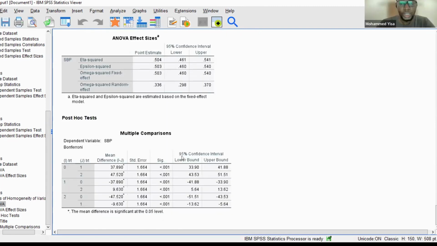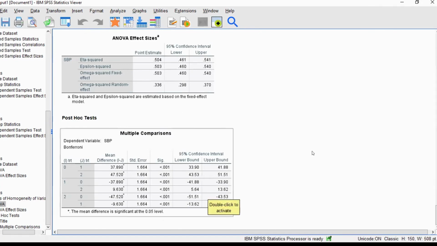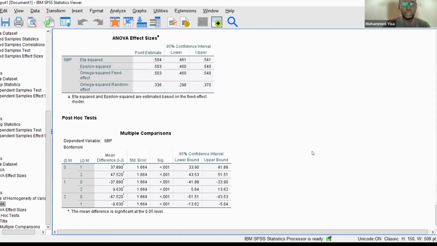So I'm saying that for any test you are doing, whether it's a one sample T-test, paired sample T-test, two independent sample T-test, ANOVA, chi-square, or any other test that we're going to be doing in the future, as you are looking at the statistical significance, you should also be thinking about the clinical significance.